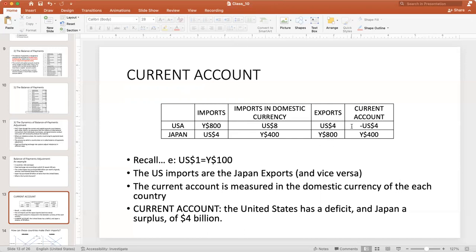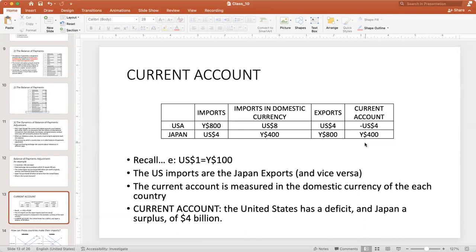So the current account for Japan is a surplus, sorry, of 400 billion yen. So we have a deficit in the United States and a surplus in Japan of 4 billion dollars. So this is the current account.